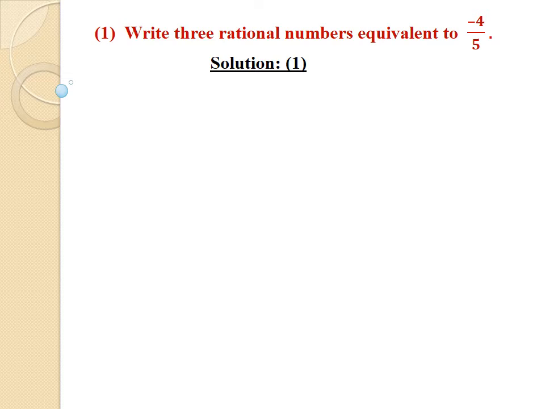Students, we know that in order to get the equivalent rational numbers to the given rational numbers, we have to multiply or divide the numerator and denominator of the given rational numbers by the same number but not by 0.